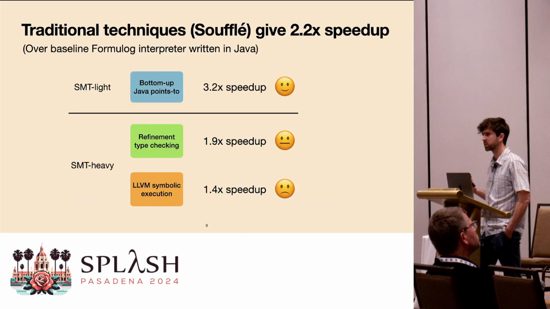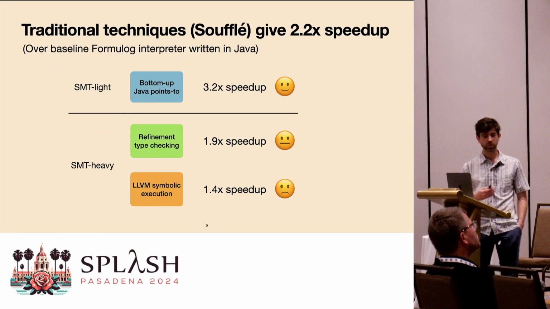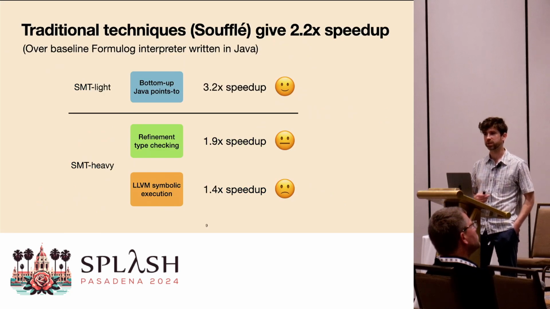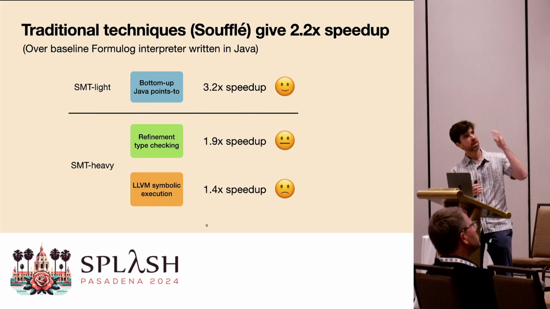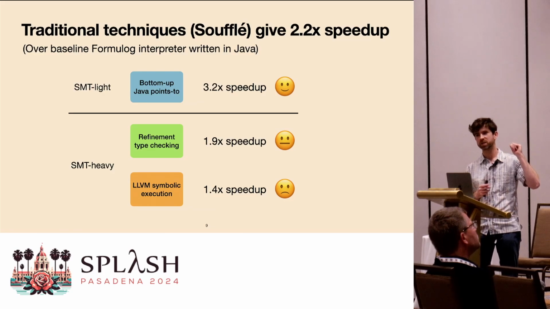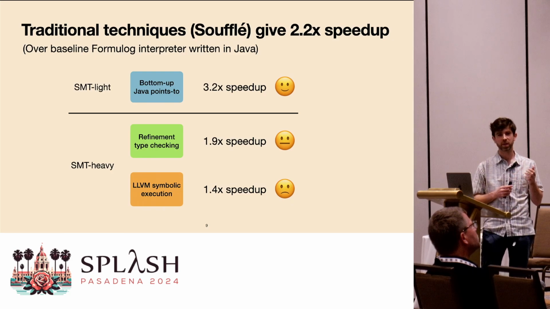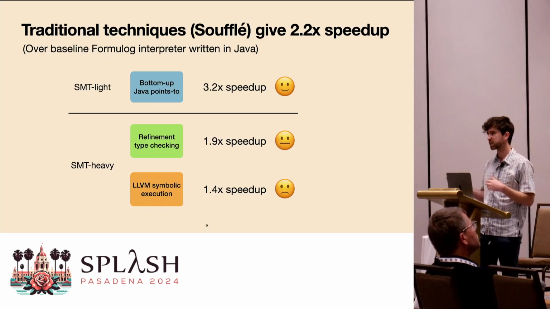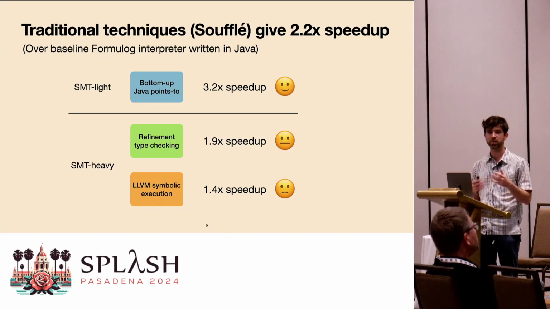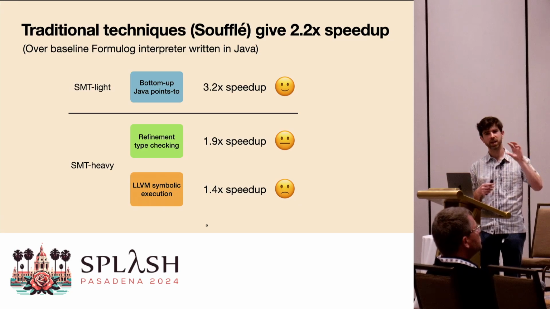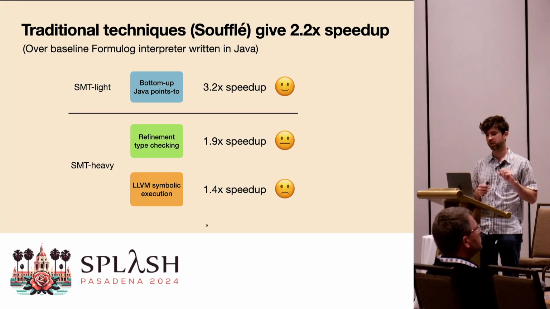Well, it gives us some speedups over our baseline Formulog interpreter, but they're not evenly distributed across the case studies. The case study where we don't use much SMT solving gets the biggest speedup, and the case studies where we use a lot of SMT solving don't get much speedup, which makes sense since those traditional techniques are really only optimizing that Datalog component of the workload.